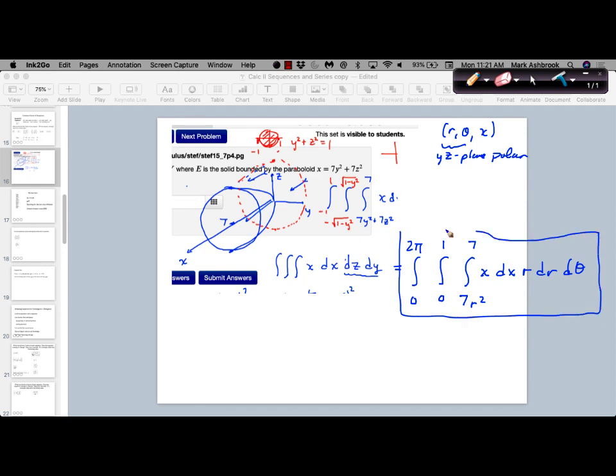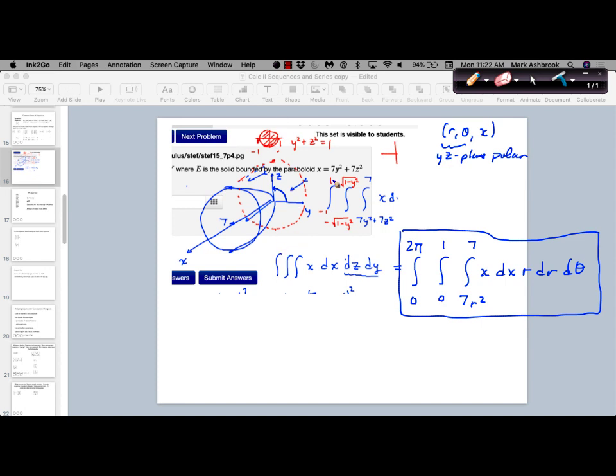Yes, sir? Does it actually matter which of y and z we assign r sine theta and r cosine theta? If we decided that we wanted z to be r sine theta and y to be r cosine theta, that would mess it up because of how we define the angle theta. Theta is counterclockwise this way. Based on that theta, the horizontal coordinate is cosine, the vertical coordinate is sine.